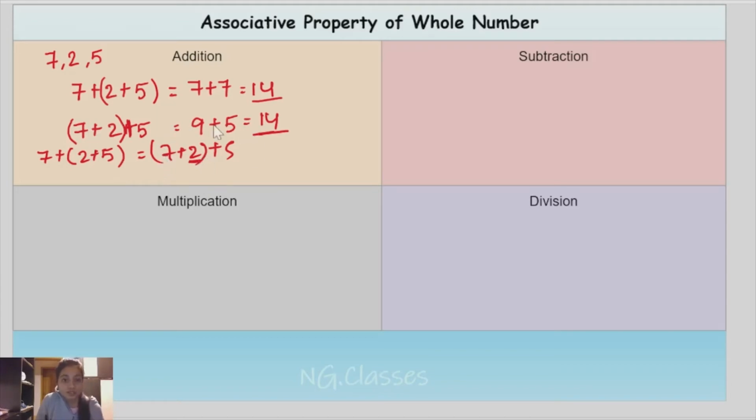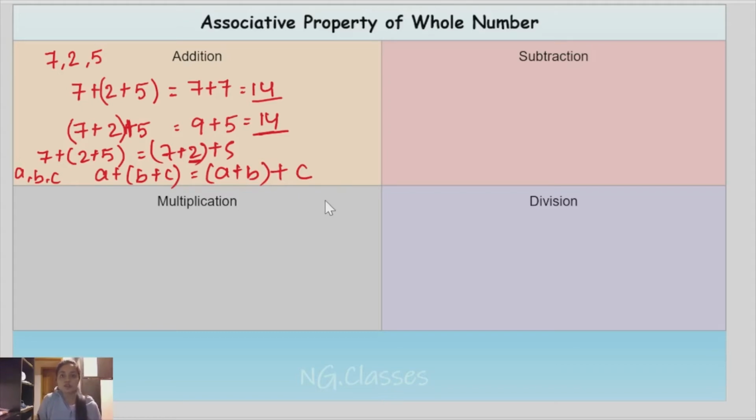And after just doing this slight change, if we are getting the same answer, then we can say addition is associative. Or for any 3 variables, that is A, B, C, if A plus B plus C is same as A plus B and then plus C, then addition is associative.